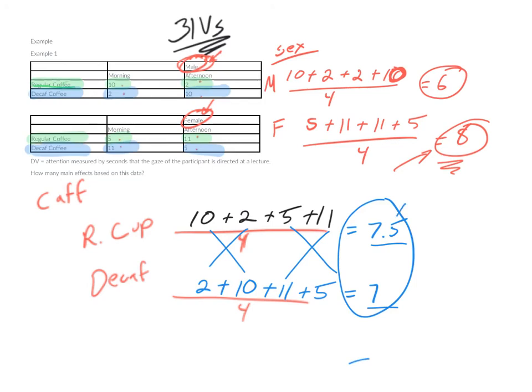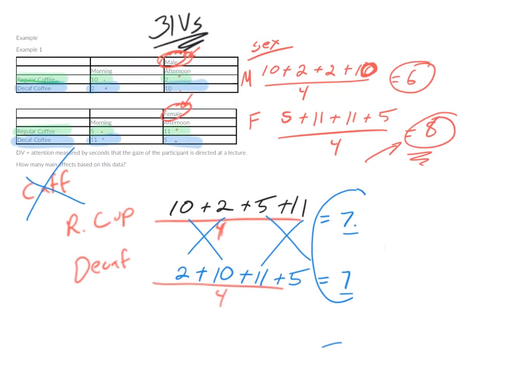If this was seconds, 7.5 seconds versus 7 seconds, we'd more easily say, well, that doesn't sound like a big difference, right? But for the purpose of this class, don't worry about that. If there's a difference, you report a main effect. Then again, in this case, you did not have a difference. You had 2 7s, right? So there is no main effect. No main effect for caffeine.